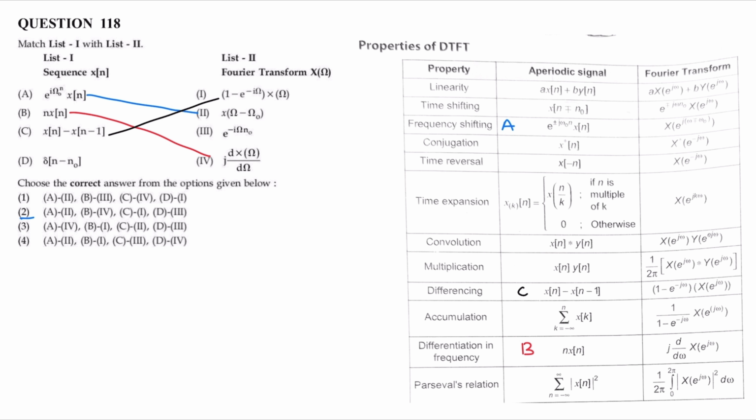Delta of n minus n naught is time shifting, e power minus j omega n naught. A2, B4, C1, D3. Correct answer is option 2.